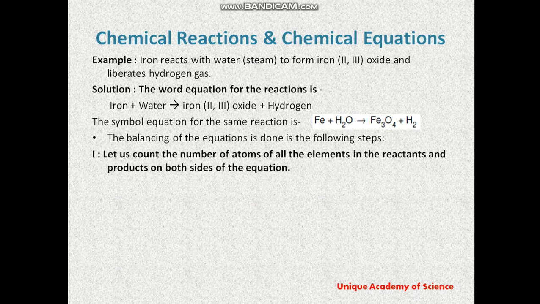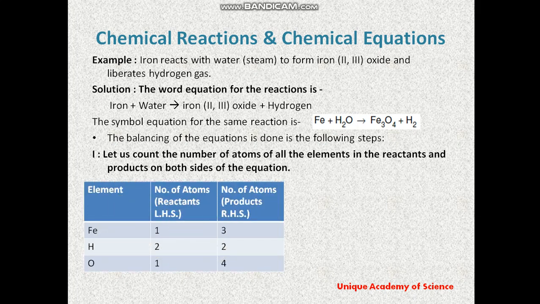Now balancing of the equation is done in steps. First we calculate whether the total number of elements in the reactants and the products are equal or not. In this table: elements, number of atoms in reactants on the left hand side, and number of atoms in products on the right hand side.